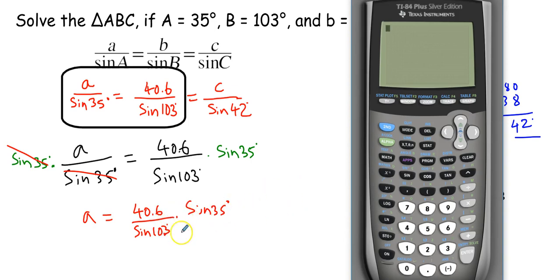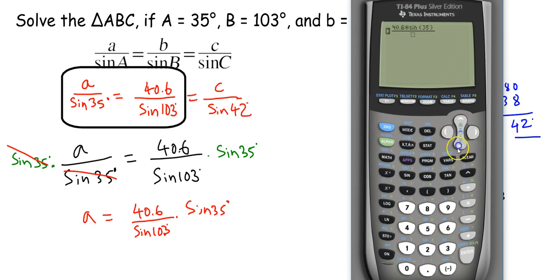Let us enter these values. Let us use fractions. I'll show you. Go to alpha and y equal to, that gives me a fraction. 40.6 times sine 35 degrees. It is in the degree mode. We have seen it before. Yeah, that's in the degree mode.